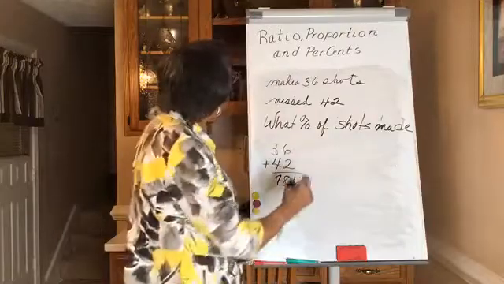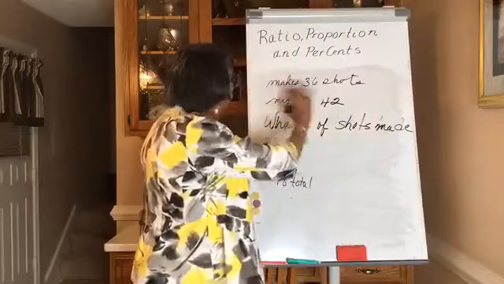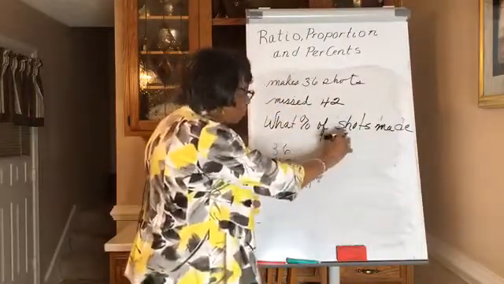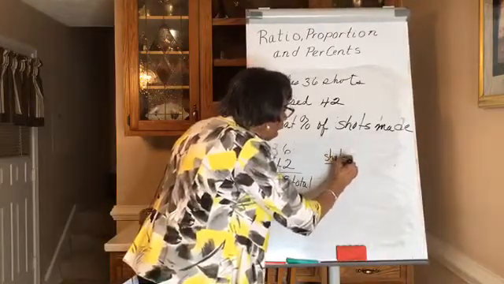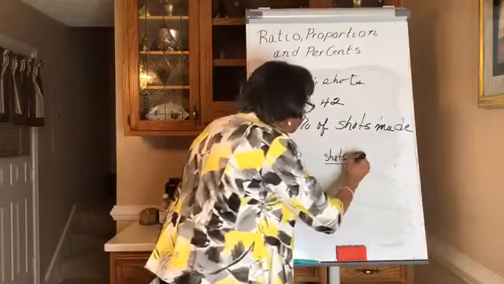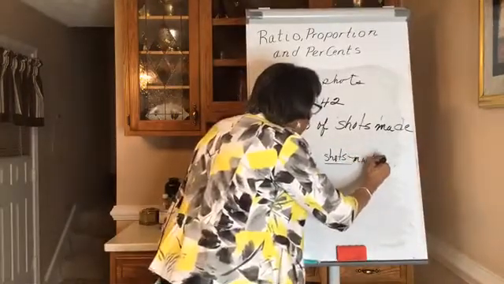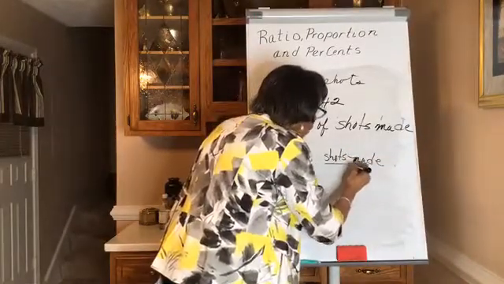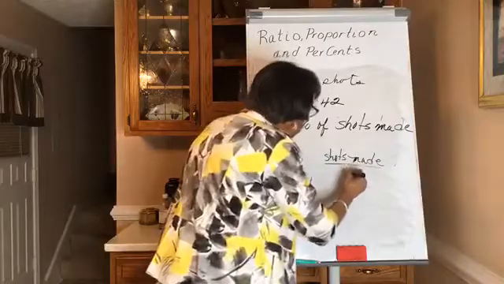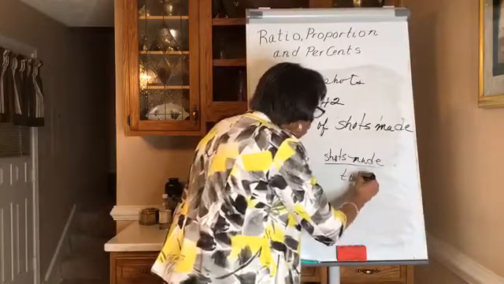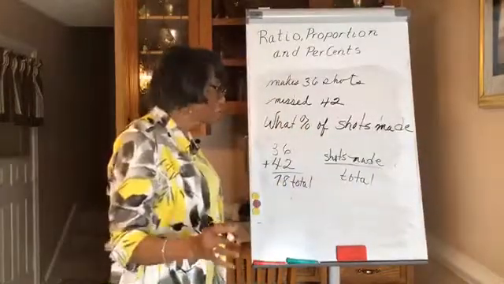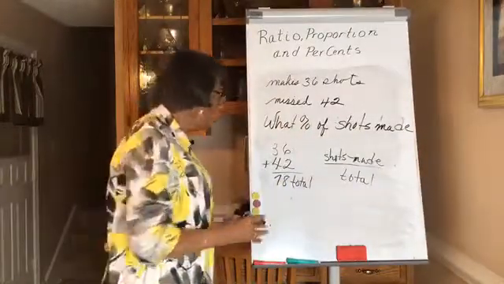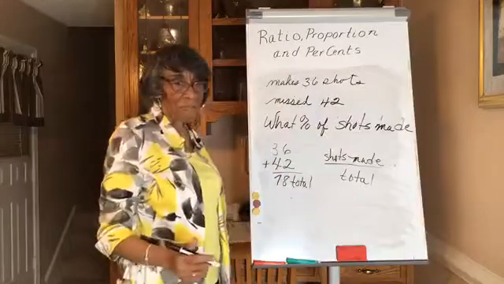All right, so I want to know what percent of shots made, all right, shots made over the total. Now, before a student can do anything with those numbers, all of this has to go on.